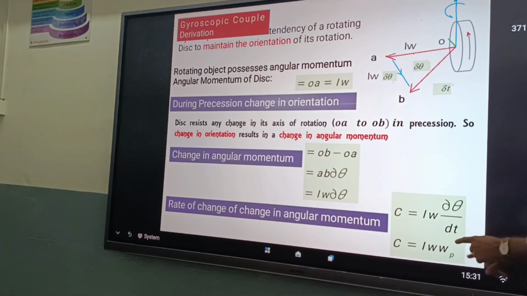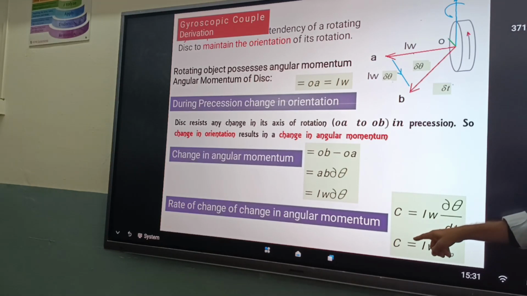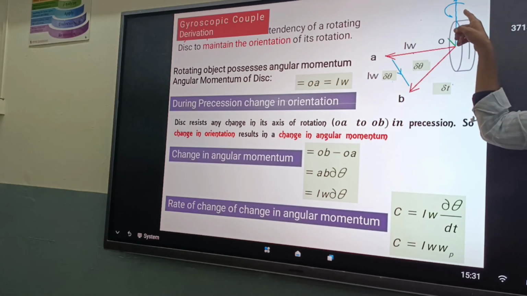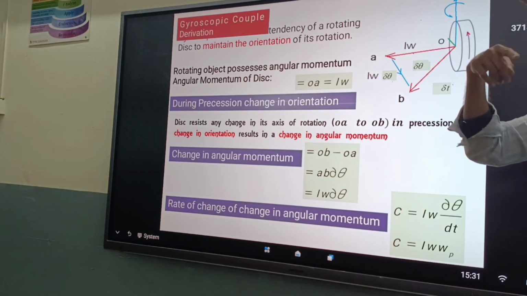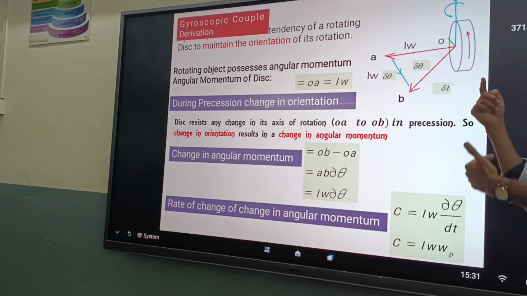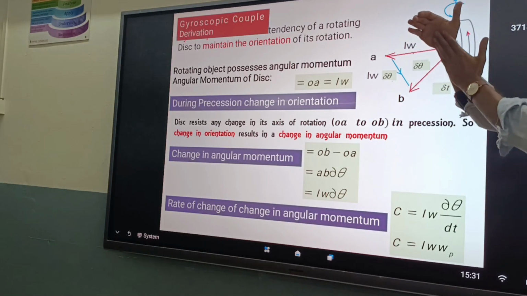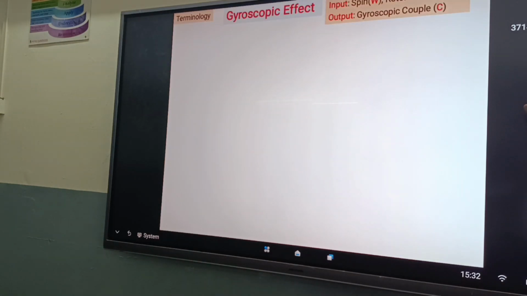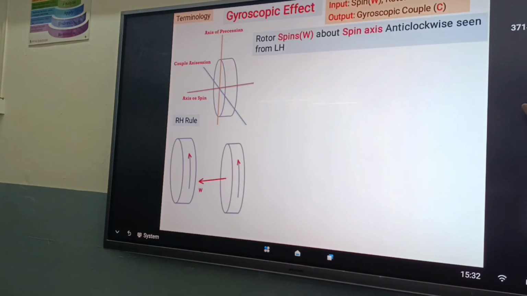The magnitude of couple is given by the equation I into omega into omega p, where I is the moment of inertia of this rotating disc, or if it is an engine, of the rotor. Omega is the angular velocity of the rotor, and omega p is the velocity of precession. Okay, so up to here we had done last time. Now coming to the same thing, it was mentioned with these different animations.